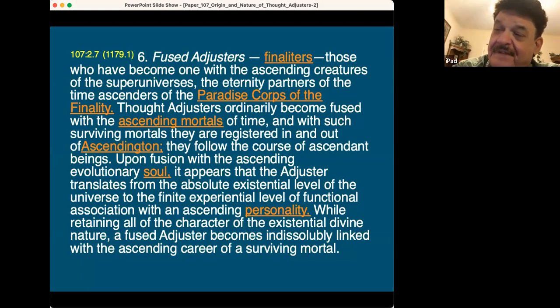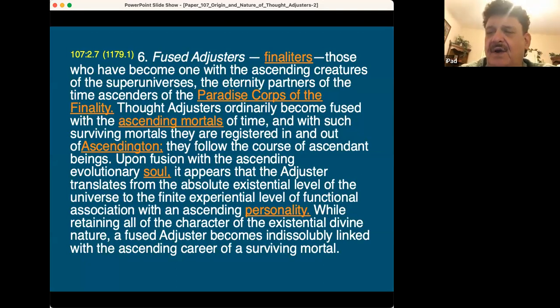Fused adjusters, or finalitors. Those who have become one with the ascending creatures of the superuniverses, the eternity partners of the time ascenders of the Paradise Corps of the Finality. Thought Adjusters ordinarily become fused with the ascending mortals of time, and with such surviving mortals they are registered in and out of Ascendington. They follow the course of ascendant beings.